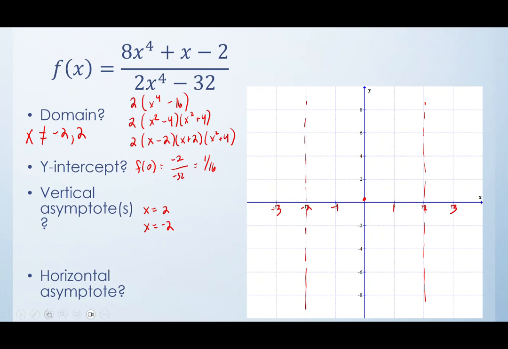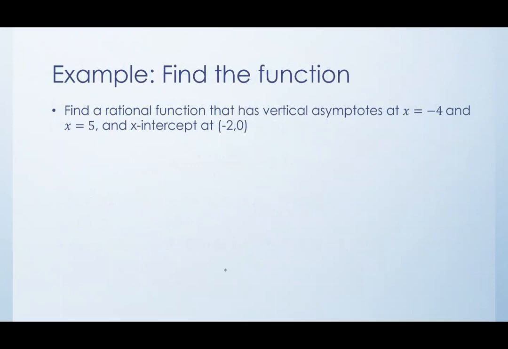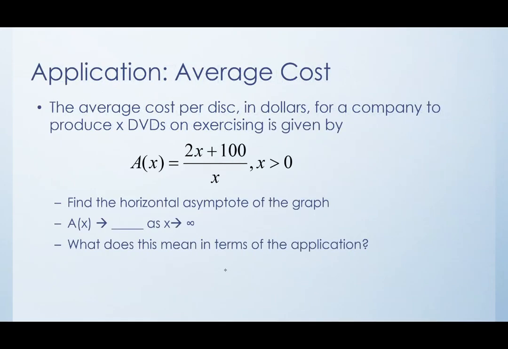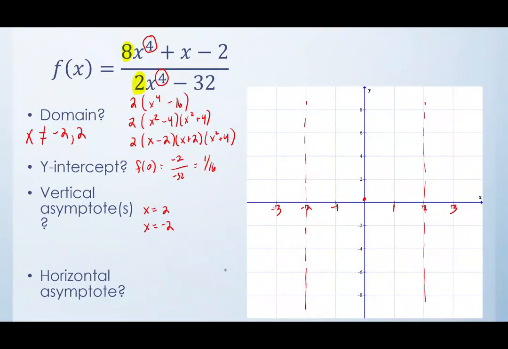We see that the degree of the numerator and the denominator are the same, so we are going to look at the ratio of those leading coefficients. That is going to mean that our horizontal asymptote is y equals 8 over 2, otherwise known as 4. So we're going to draw our asymptote in here.